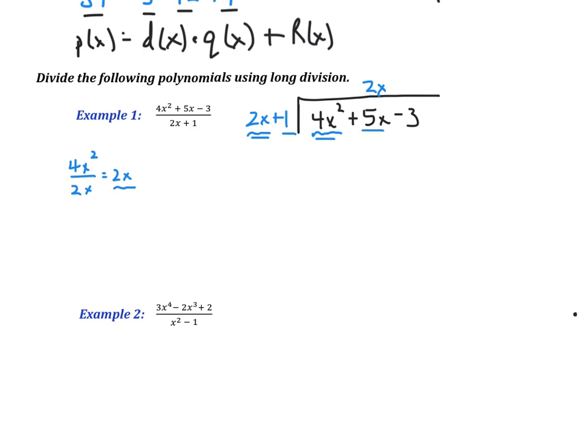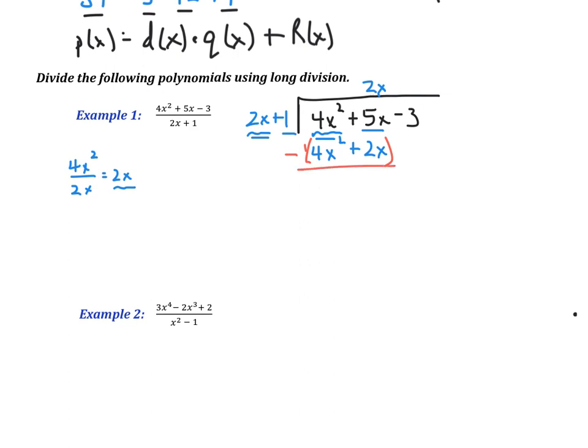All right, now I take this 2x and I have to multiply it by those two terms out in front. Okay, and then the results are going to go underneath. So 2x times 2x becomes a 4x squared. A reminder that these two terms should be exactly the same, so they cancel out. And then the 2x times the 1 gives us a 2x.